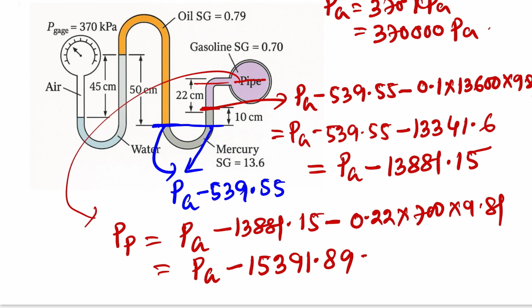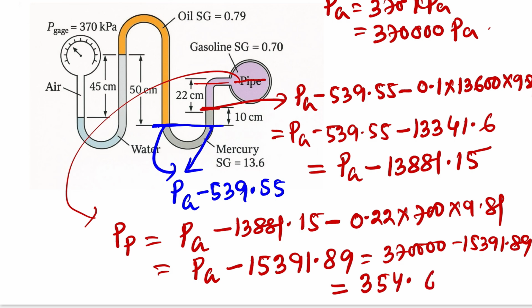So 370,000 minus 1539.89, and if I subtract, we get a pressure of 354,608.11 Pascal.